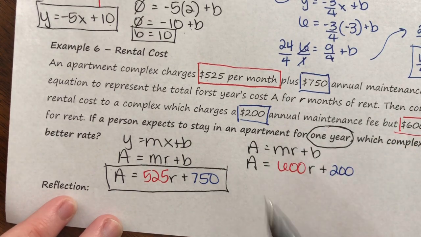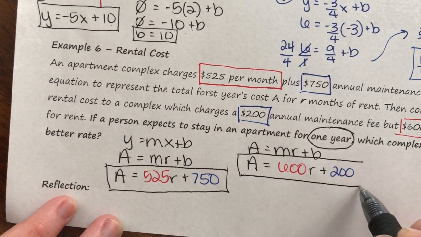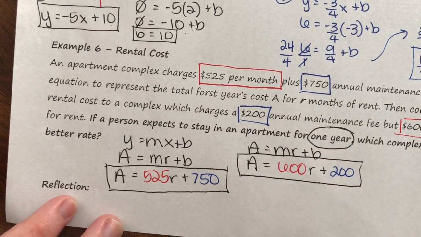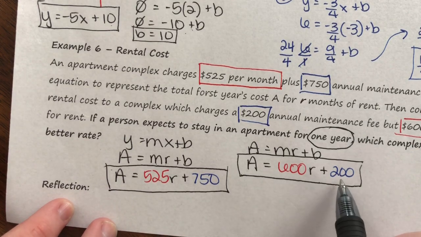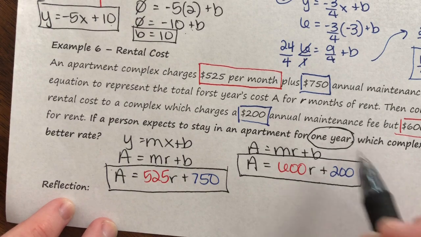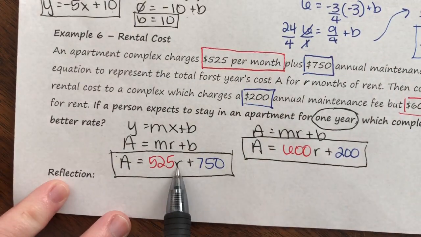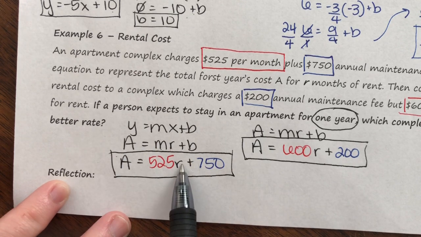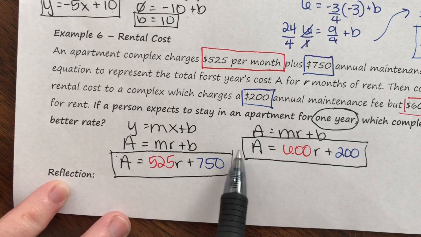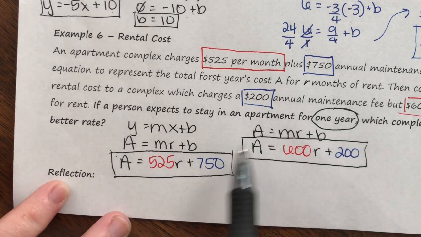So what we notice here is that one complex charges less per month, but a really big one-time-a-year fee, and the other one charges more per month, but a really small one-time-a-year fee. Well, it's not really small, but a smaller one-time-a-year fee. So the question is, if R is 12, if we rent an apartment for 12 months, which one has a lower total annual cost, right?